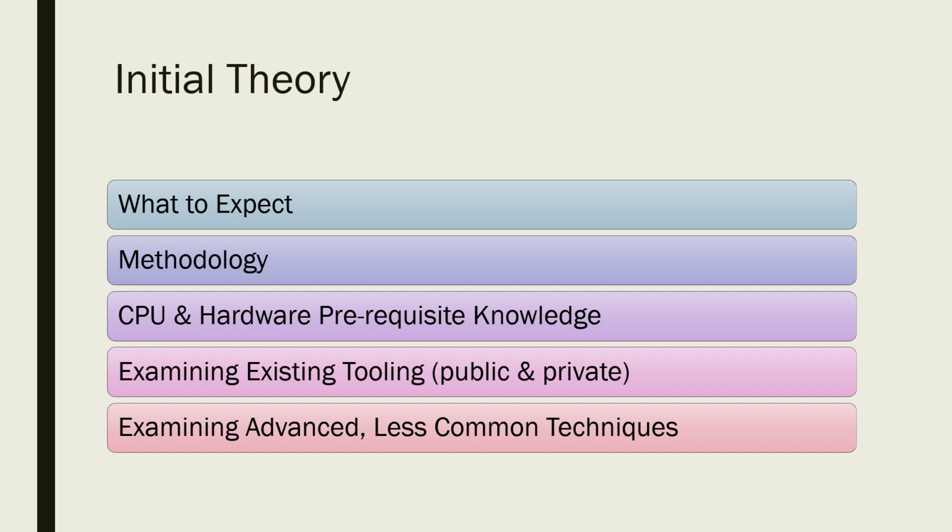Then we'll be examining some existing tooling, both public and private. Public relates to papers and GitHub repos and research from the community. Private is both malware, which may not be documented very well. So I'll provide some samples and we'll actually do a little bit of reverse engineering to extract some of these techniques.